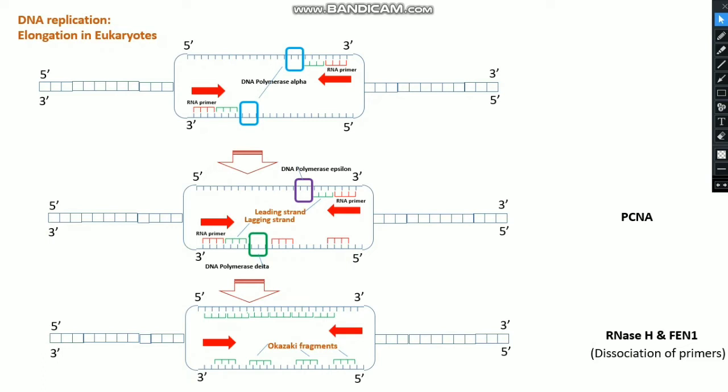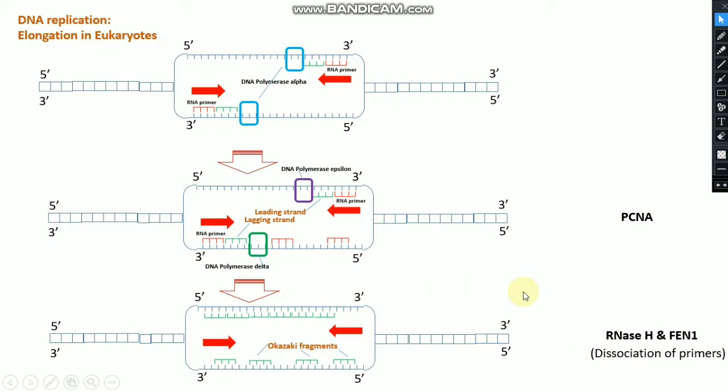After that, FEN1 removes the rest of the ribonucleotides from the DNA strand, so the strand is completely free of ribonucleotides. So mainly these two enzymes remove the RNA primer from the DNA strand.